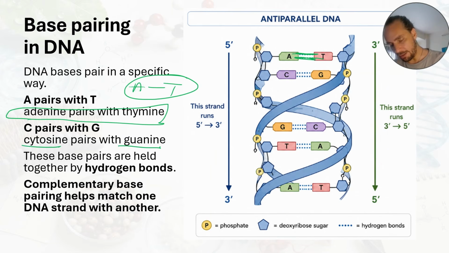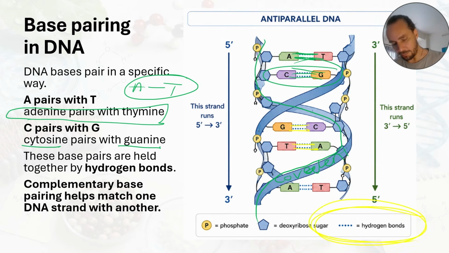So C and G will always go together, and they make three hydrogen bonds between them. What is important to understand is that in this backbone we have covalent bonds, and between these nitrogenous bases, we have hydrogen bonds.